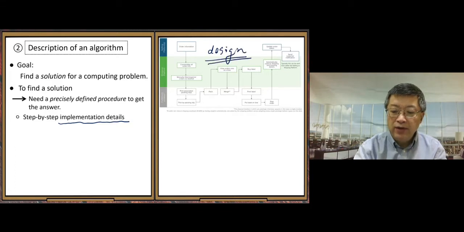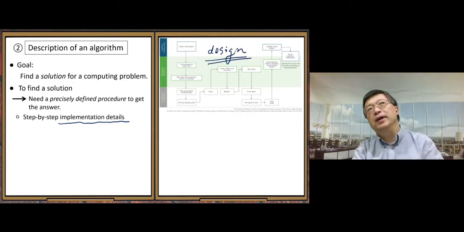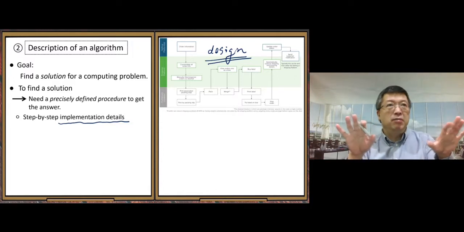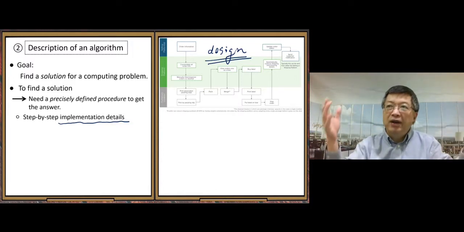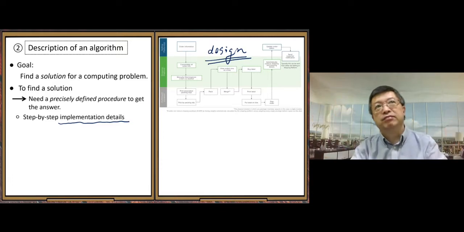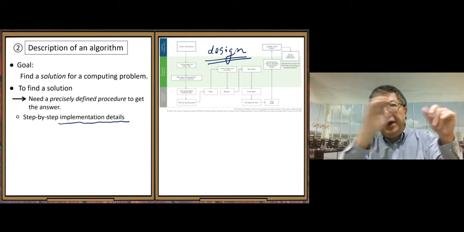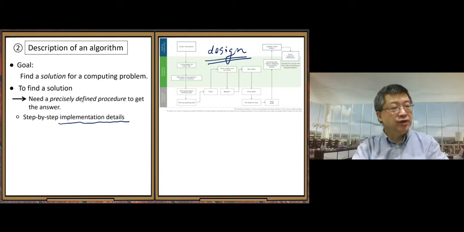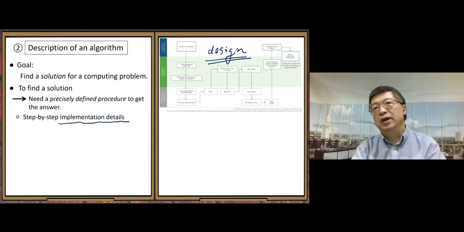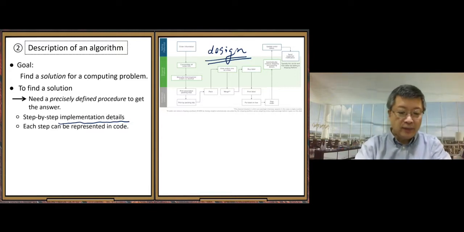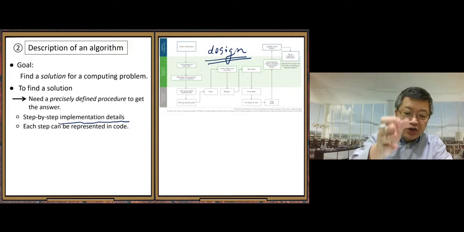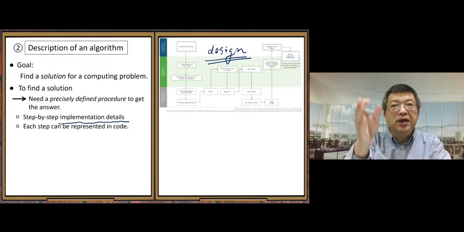Okay, algorithm design. In this level, a lot of details are missing. So we do not need to provide all the details. We just want to get an overall idea on the solution. Then each step can be represented in code.